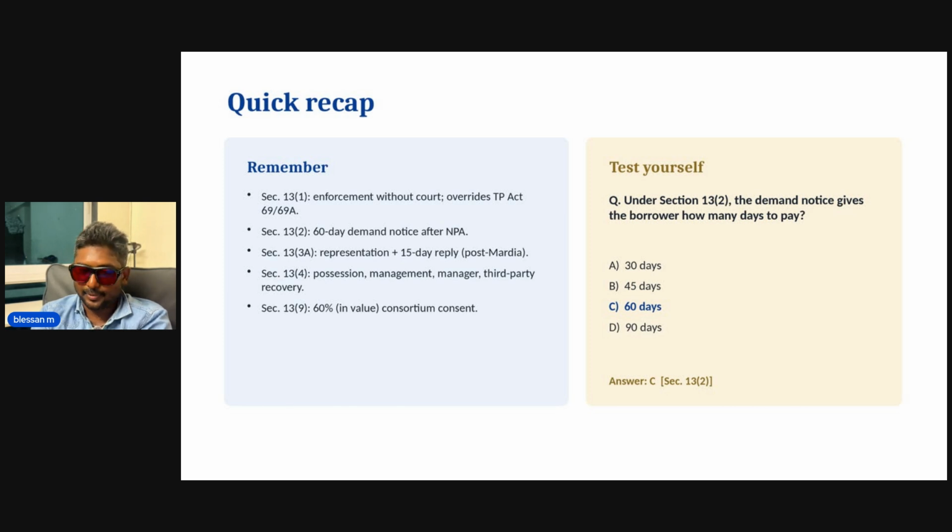And if the 15-day period is not met, then the court can invalidate the action taken by the financial institution. Then there can be a representation under 13(3A) that we discussed a little before, and 13(4) is based on possession. They can take possession, or if it's a company, they can appoint a manager and take over the management, etc. And 60% of the secured creditors' consent is required in case of a consortium.